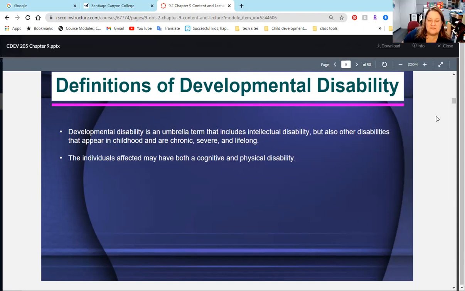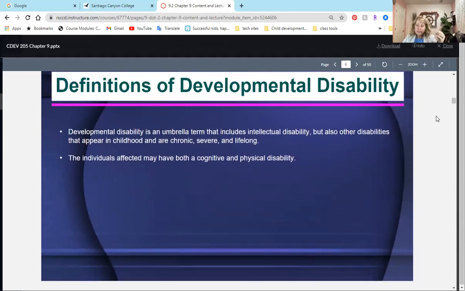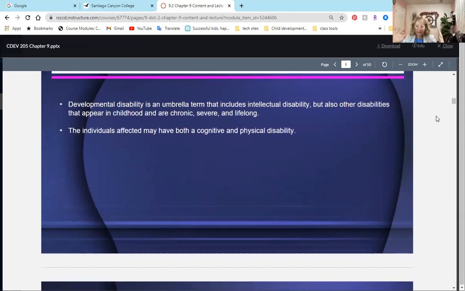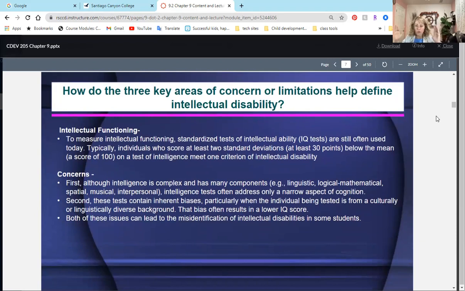Yeah. And this also hints that you might have a cognitive disability, but there might be other things present, like a physical disability as well. And as you move forward, if there is a clear medical diagnosis, like Down syndrome, which she'll talk about, you are clearly walking with a big umbrella, and in that umbrella will be an intellectual disability.